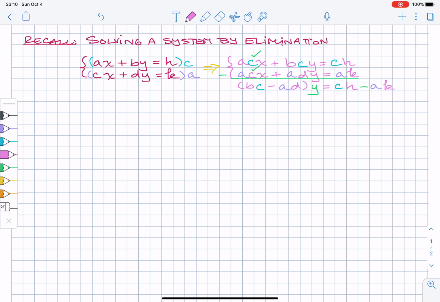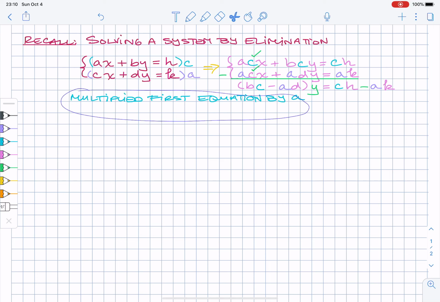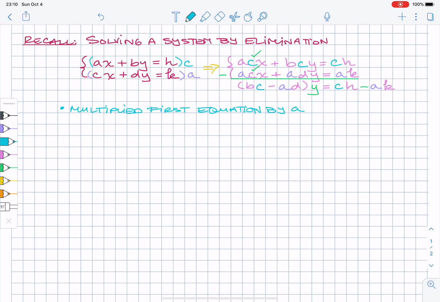So notice step 1: we multiplied the first equation through by c, not a, and the second equation through by a.